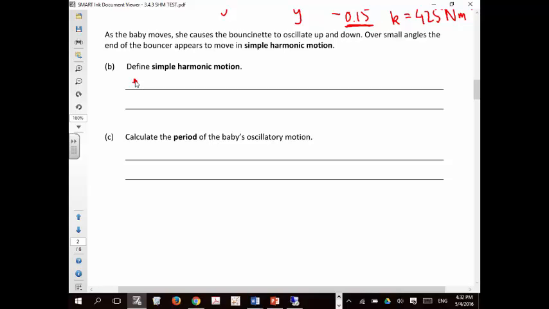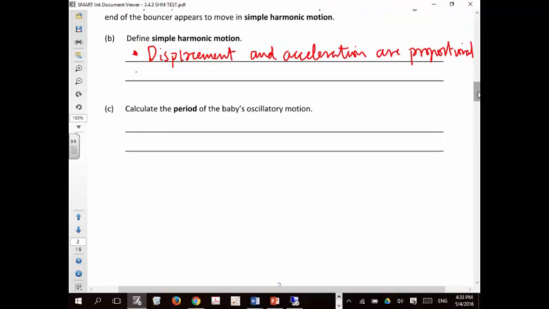The first point is that displacement and acceleration are proportional. And secondly, in opposite directions.